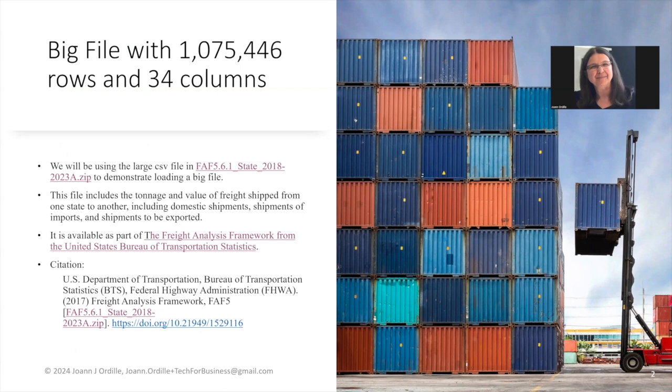It represents the tonnage and value of freight shipped from one state to another in the United States, including domestic shipments, shipments of imports, and shipments to be exported. In the spirit of good provenance for all of our data, the citation for the data is here. The data is part of the Freight Analysis Framework from the U.S. Bureau of Transportation Services.